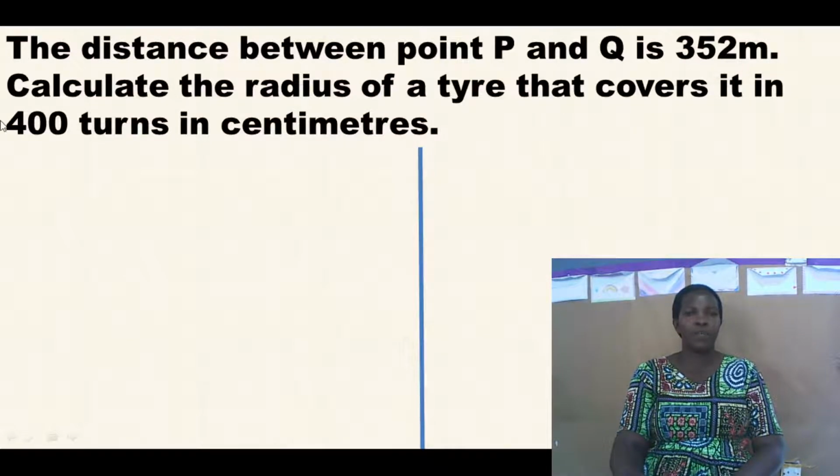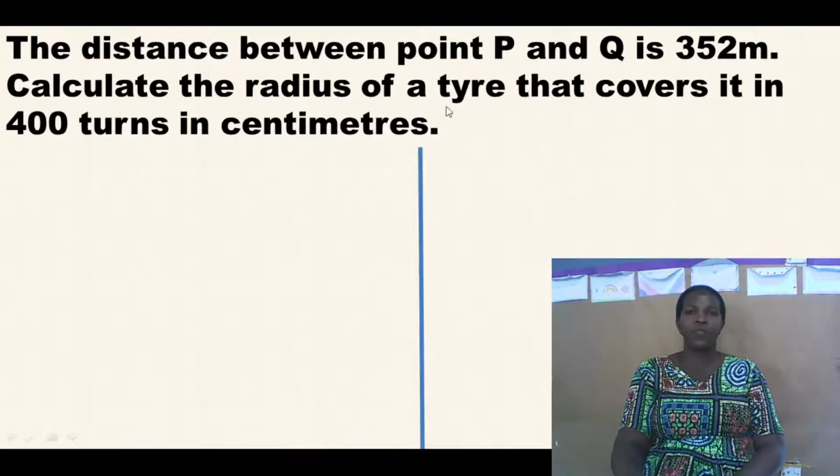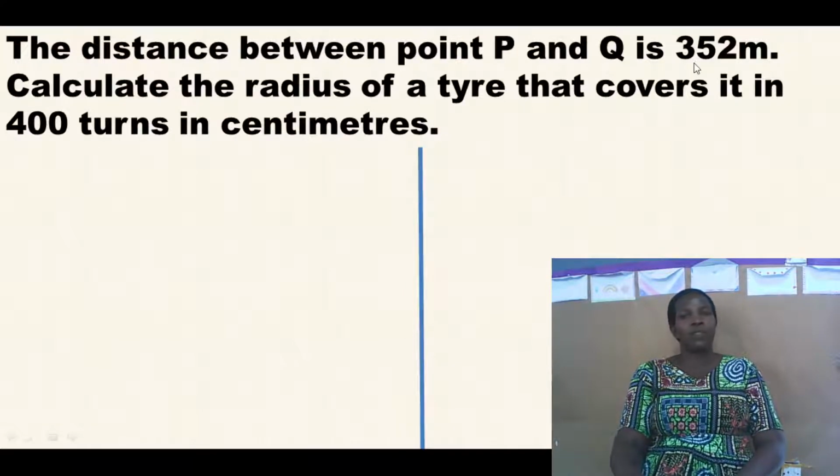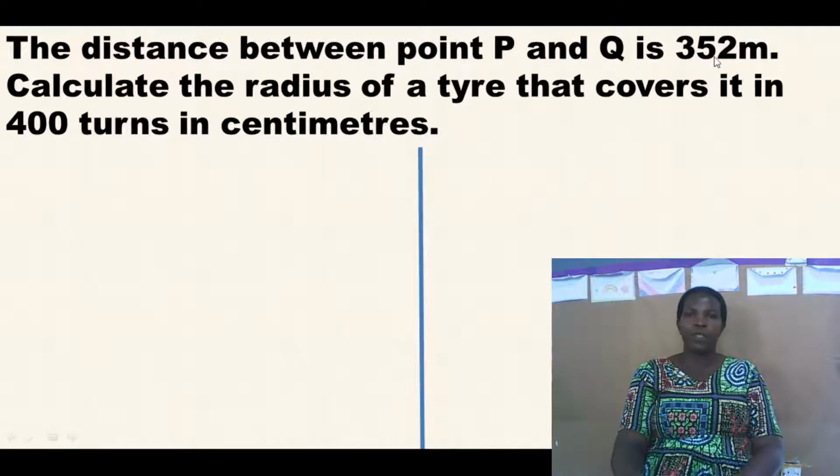In this question, they want us to calculate the radius of the tire that covers this distance in 400 turns, and the radius should be given in centimeters. There is need to change the units. Remember the distance was given in meters. We need to convert this distance into centimeters.